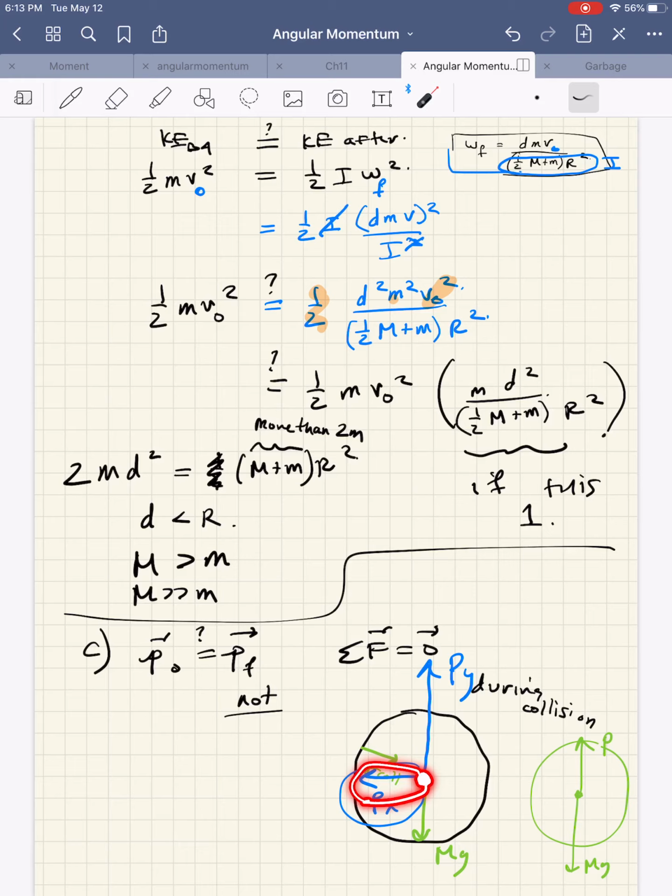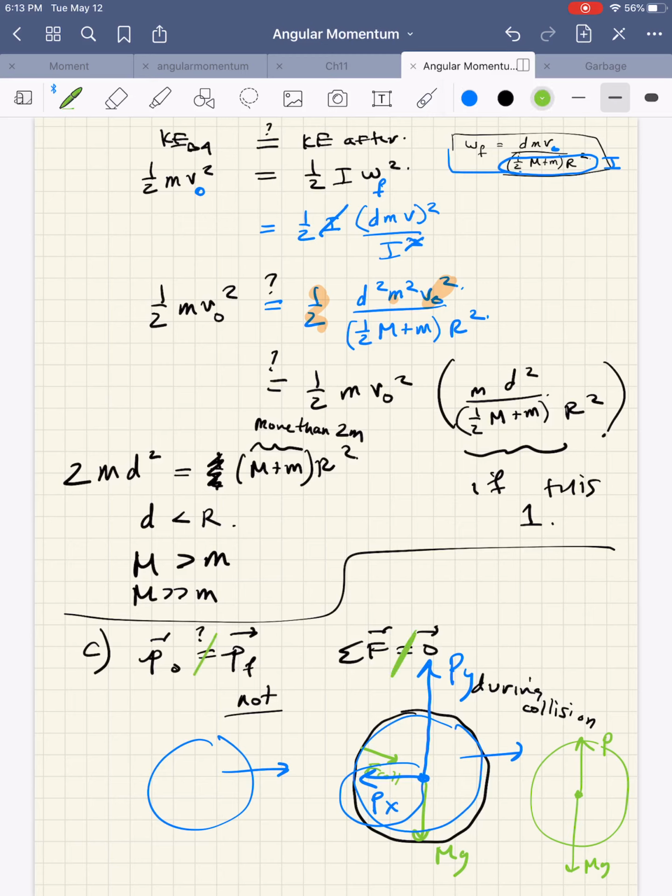It doesn't create a net torque because it acts at the center, but there is a net force. So it has to be, otherwise this whole mass would be translating to the right when it collided. If it wasn't pinned, it would just move to the right. So there's actually no way to meet this condition, so no.